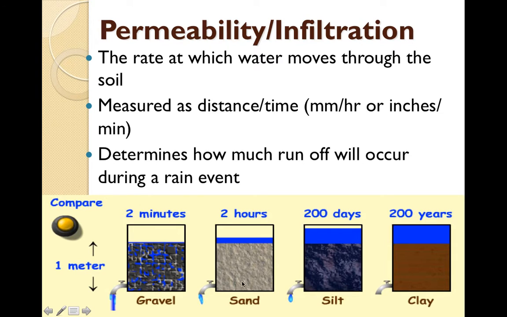Here you can see a comparison down here. Here you have 1 meter down, simulating the different types of soils. If water were to pass through gravel, it would take about 2 minutes. Sand, 2 hours. Silt, 200 days. Or clay, 200 years.